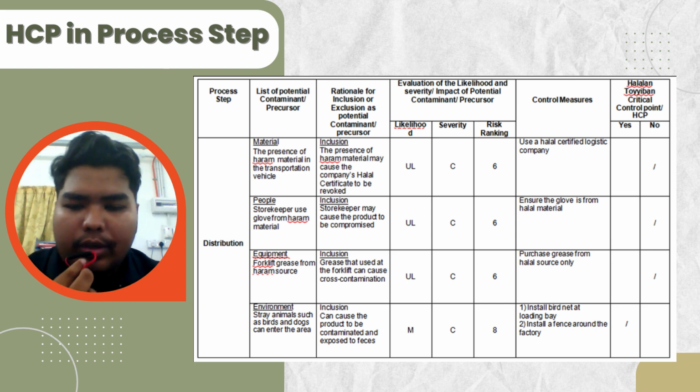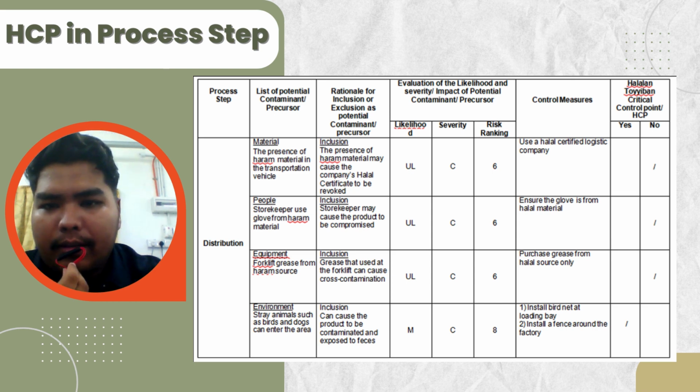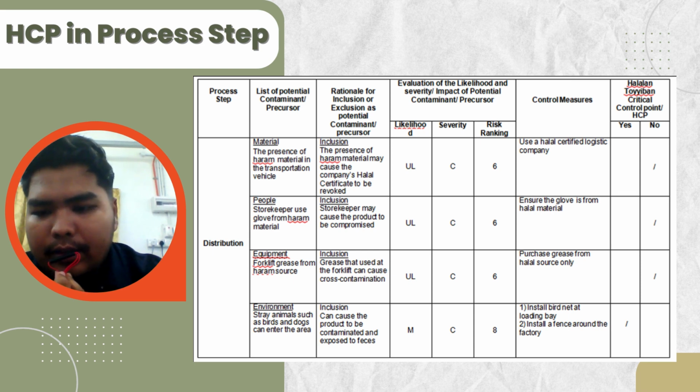Okay. Next we go to HCP in the process step. This process step is distribution. For this, we can see the list of potential contaminants, which are material, people, equipment, and environment. We see for environment, stray animals such as birds and dogs can enter the area and cause the product to be contaminated and exposed to the fishes.